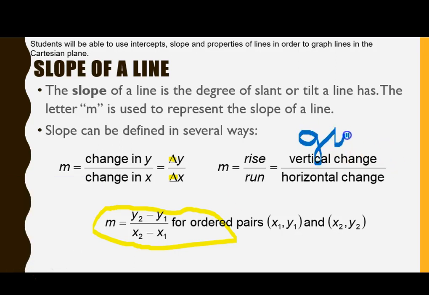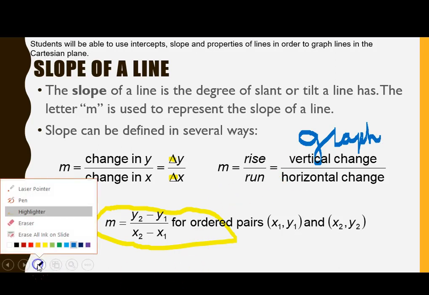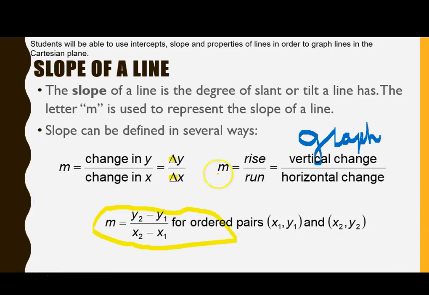So if I'm given a graph, I would use rise over run. And down here, this would be used when I'm given 2 points. Or maybe I'm given 1 point and I need to find the equation. So if I'm given 2 points, then that's what I'm going to do.